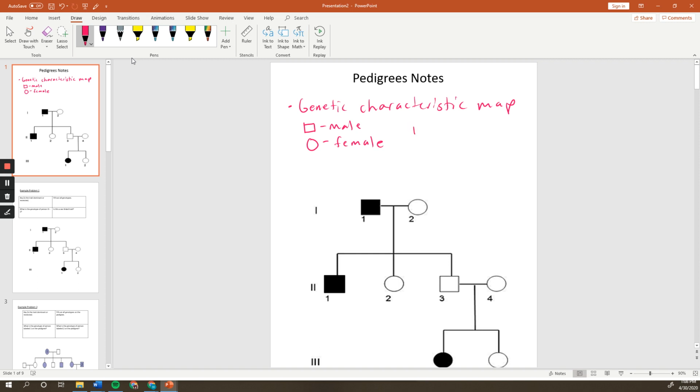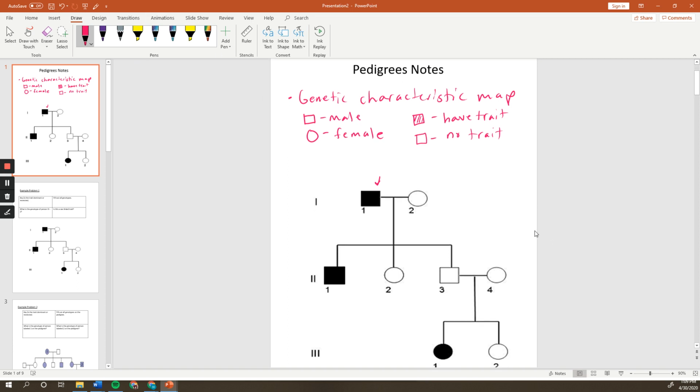The shaded ones are the ones that have the trait that we are tracing back through your family. So that would be a male right there who has the trait. And if there's an open square or blank, that means they do not have the trait that we are tracing back through the family.